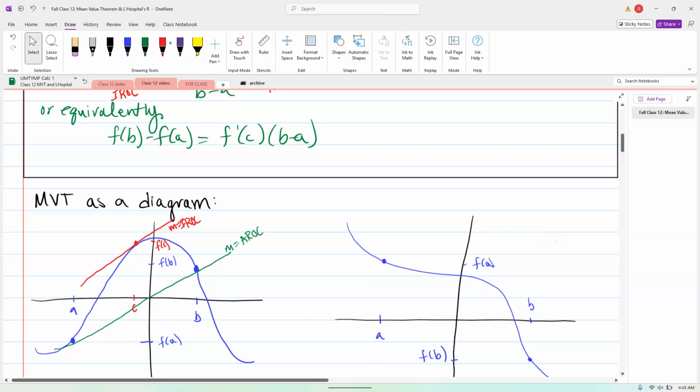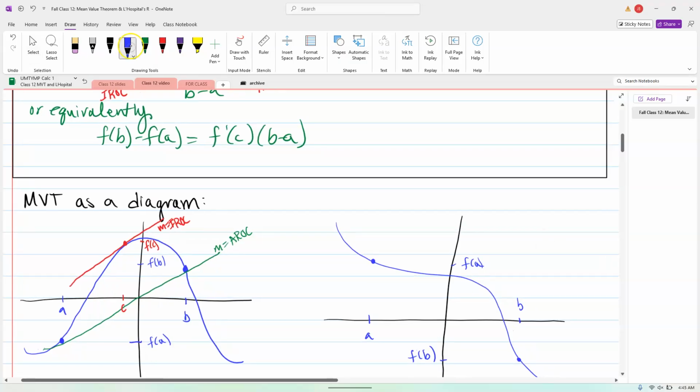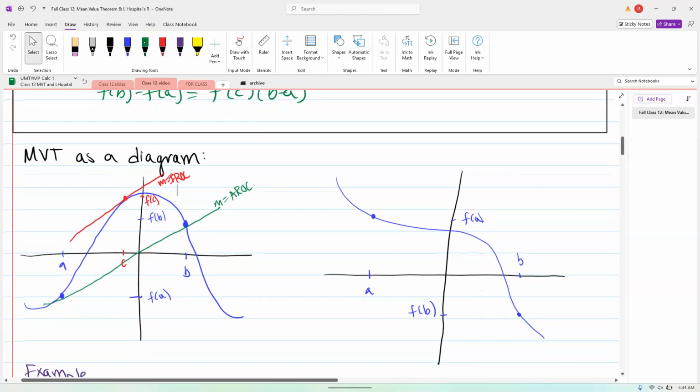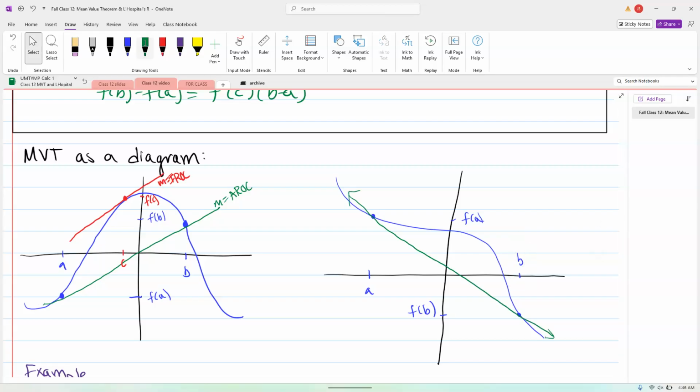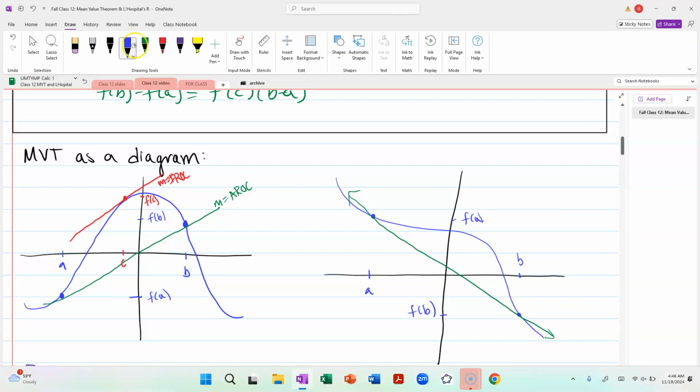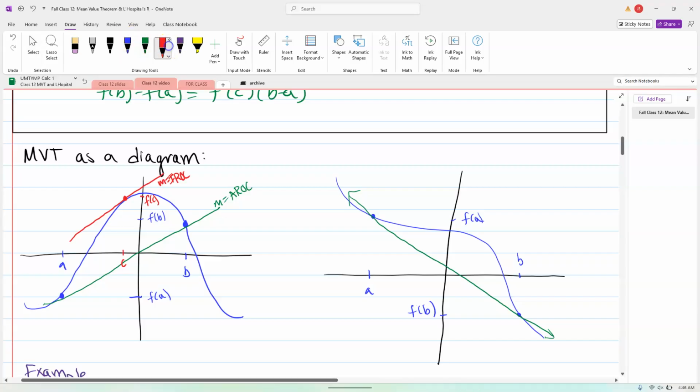Similar thing happens over here, where we could look at the average rate of change over the entire interval. So something like that, and I'm freehanding it. I suppose I could use a tool, but oh well. Then we compare that to the instantaneous rate of change, maybe right about here.